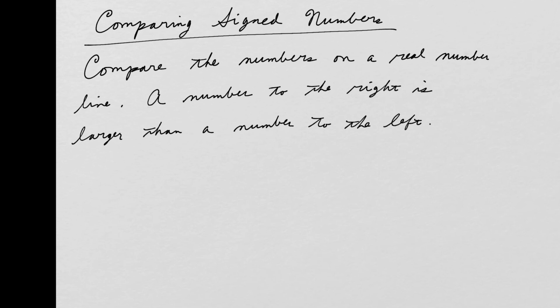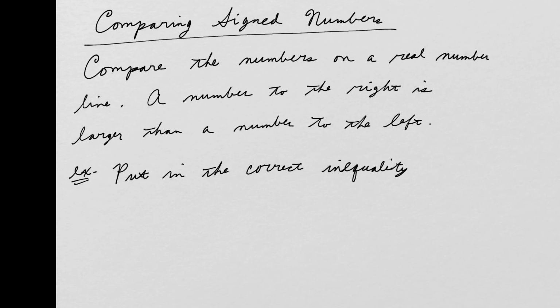Okay, so what do I mean by that? Well, let's do some examples here. Let's say we want to put in the correct inequality symbol, meaning either less than or greater than.